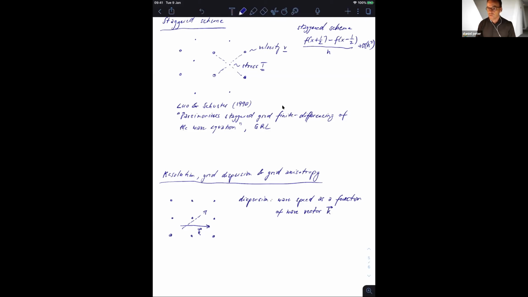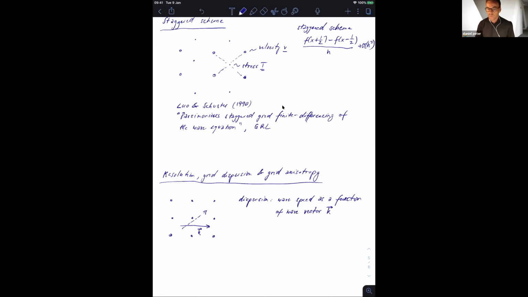So this usually has to be analyzed when we implement numerically the wave propagation, for example. And this will be analyzed numerically to see how strong the effect is. Just to be aware that any scheme that we will look at in this class has that effect, has a grid dispersion effect.